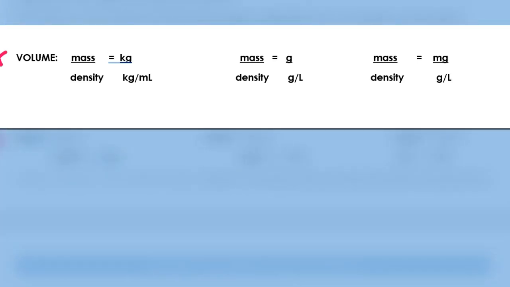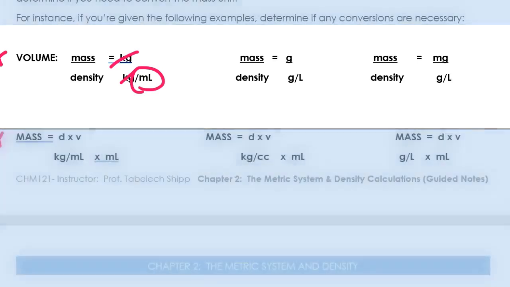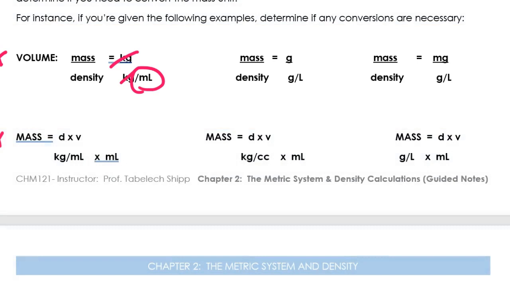In order to know what your final answer is going to be in terms of the unit, all you would have to do is cancel out the like terms. Kilograms are canceled out, so you're left with milliliters. So remember, you're going to plug in your mass unit and your density unit, cancel out the two units that look the same, and you're left with the final unit of milliliters.